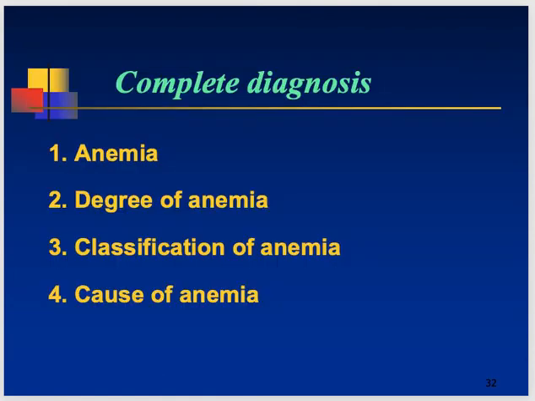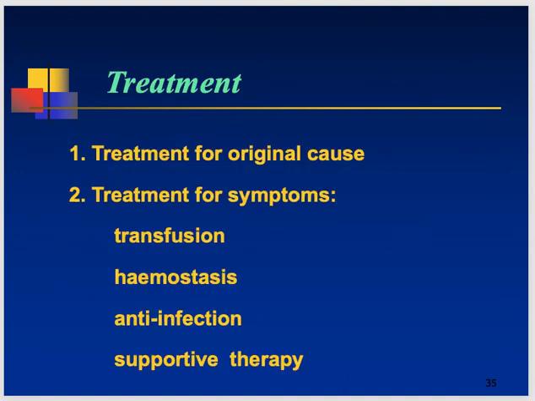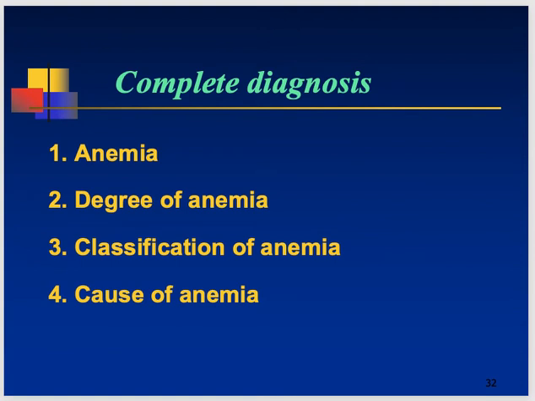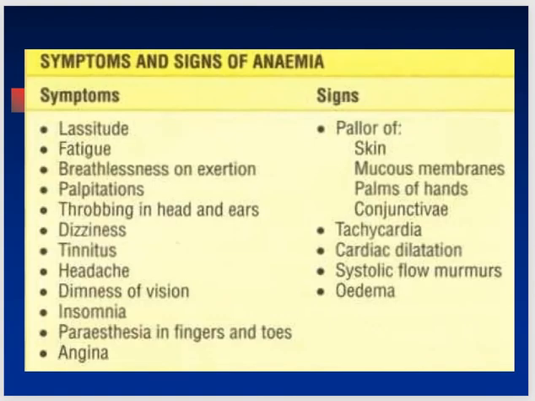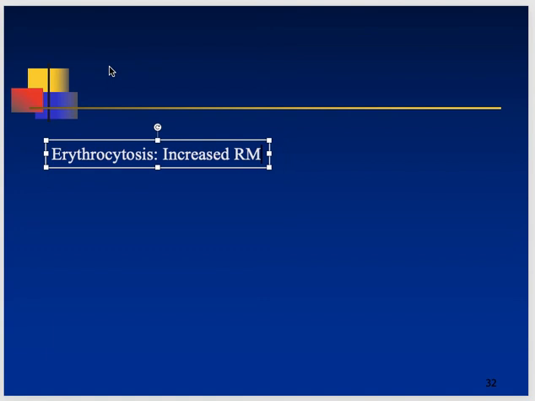Of course, all these things we are going to discuss when we discuss anemias individually. Many terms are there, guys. For example, there is a term whenever there is cytosis. If you find the word erythrocytosis, what it means is an increased number of RBCs in the body.